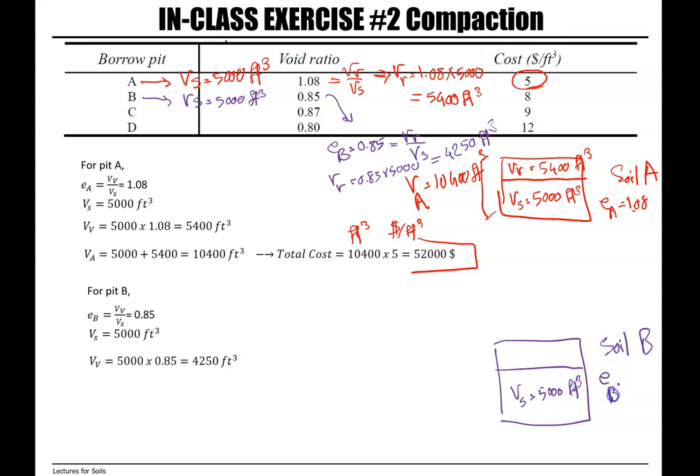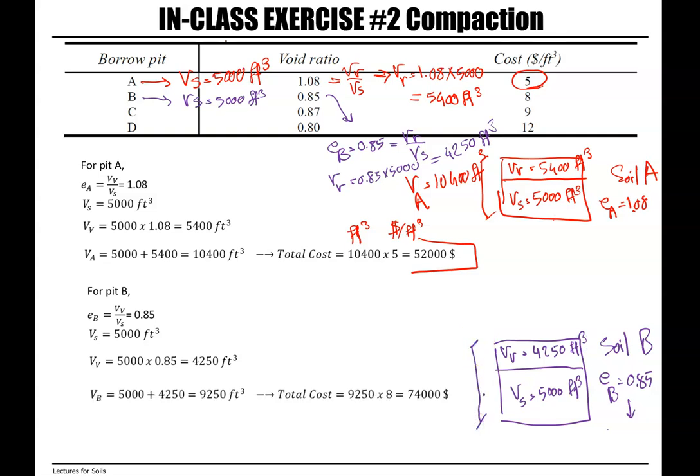Void ratio is 0.85. From here we can calculate that volume of void is 4,250 cubic feet, which means that the total volume is 5,000 plus 4,250, which is 9,250 cubic feet.